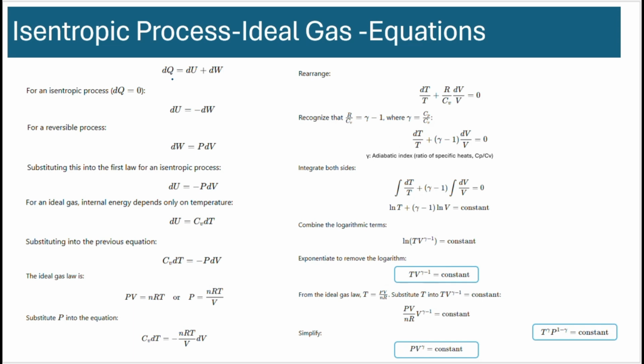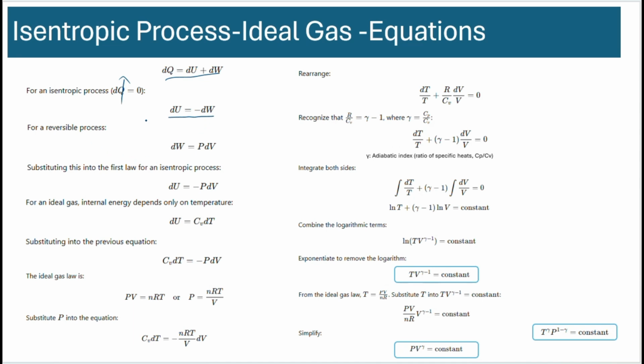Let's start with the first law of thermodynamics, which is the energy conservation principle, which is this. For an isentropic process, there is no heat transfer, so dq is zero. So any change in internal energy is related to the work done on the system.